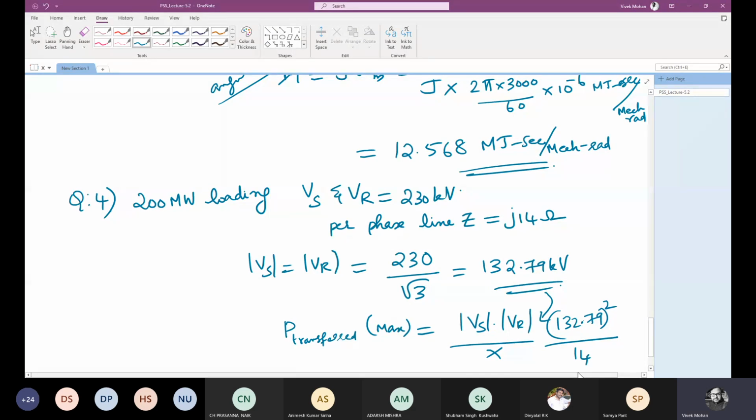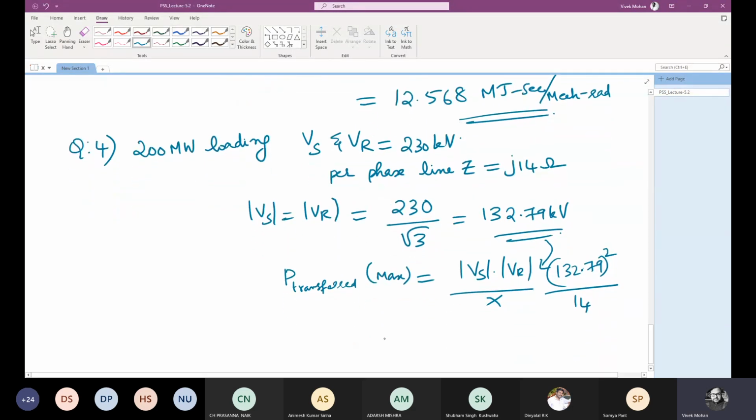So can you find the answer? 3,778.57. 132.79 squared divided by 14. I don't know. Now we have converted to per phase, right? I don't think that is the value. Let me see then.